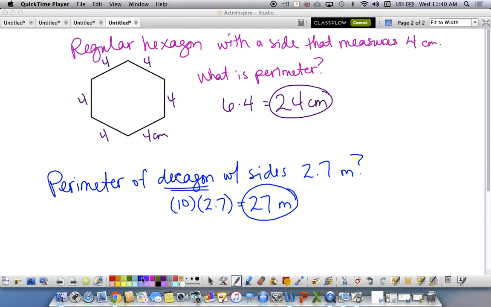There is a formula for the area, though. Okay? The area of a regular polygon is in a box, but it is not a postulate or a theorem.